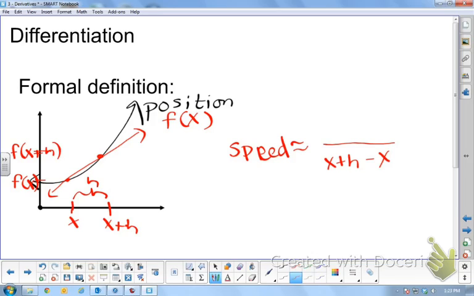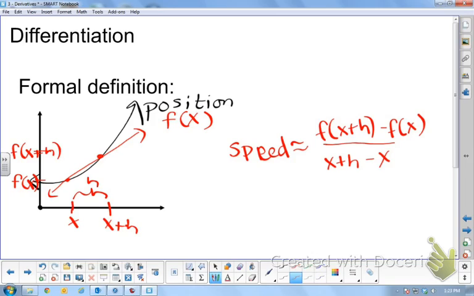And then f of x plus h minus f of x. So that gave us speed, or average velocity.